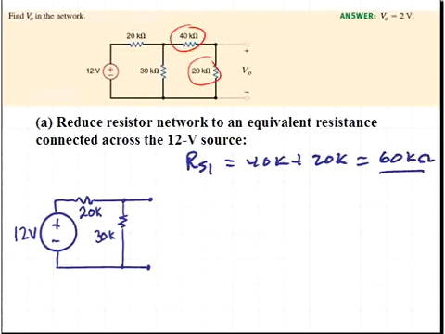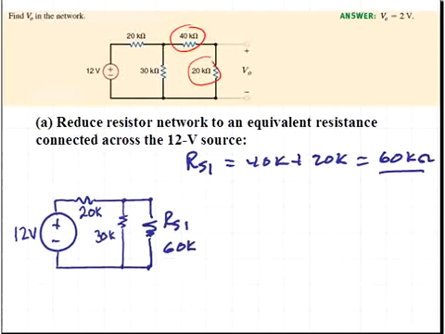Now we can place that equivalent RS1, 60K, in the circuit.